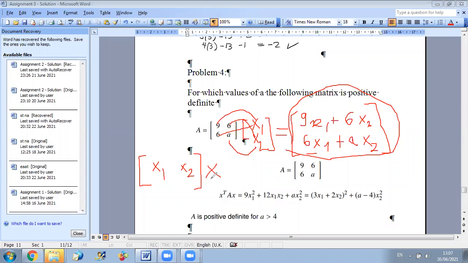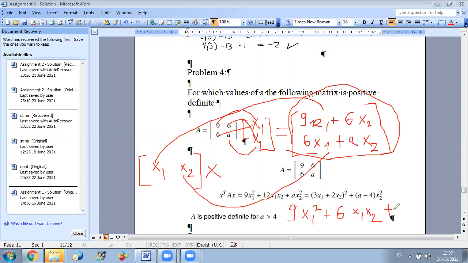So now if I do the product of these two, I have just to do the first element times the first one plus the second element times the second one. My result will be 9x1 squared plus 6 times x1 x2. Now I am done with multiplying the first element by the first element.